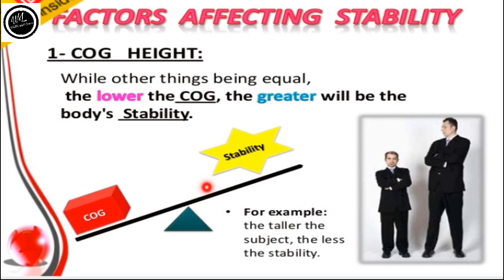It means that if we want to make a body stable, we have to lower its center of gravity. That is why vehicles are made heavy at the bottom, to keep the center of gravity as low as possible. That lower center of gravity keeps it more stable.